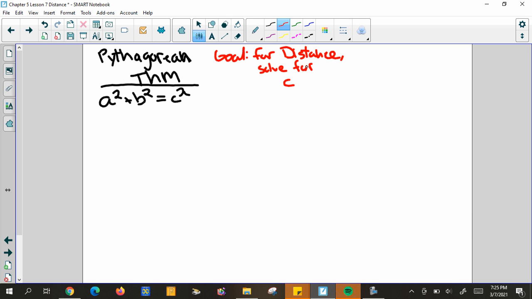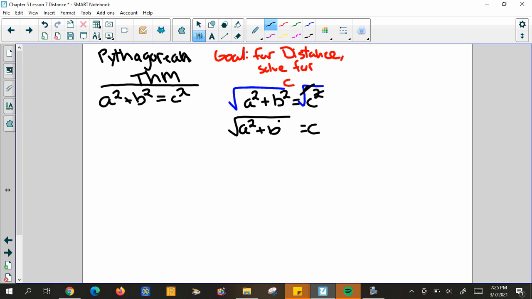Let's look at the Pythagorean theorem and let's get C by itself. Well, there actually is a way we could do this from the very beginning. What if we did our square root step here at the beginning? I would end up with C is equal to the square root of A squared plus B squared.